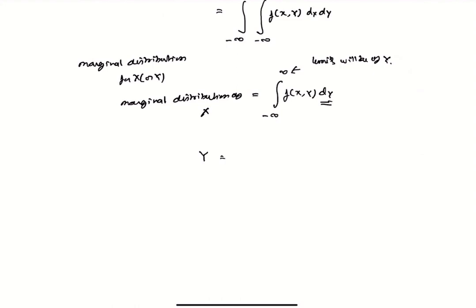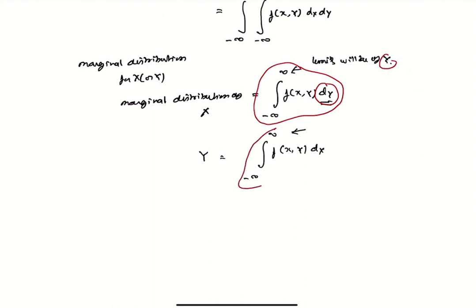The marginal distribution of y, similarly, is going to be minus infinity to plus infinity of fxy dx, and here you are going to have the limits of x. So this is the marginal density of x because there is a dy here, and these are the limits of y, and this is the marginal distribution of y because we have a dx here.